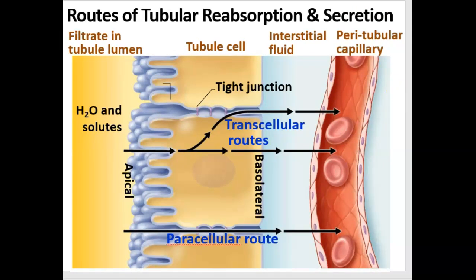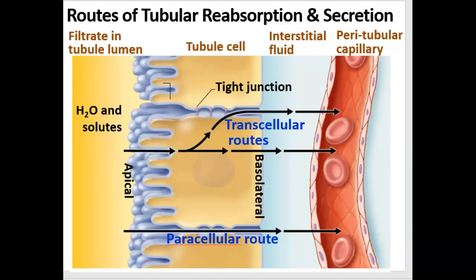There are various routes that substances use to get in or out of the nephron. Here I show two routes of tubular reabsorption. In particular, secretion basically would just happen in the opposite direction. So the tubule lumen is on your left. That's where the urine is being formed, and you'll see that there's water and solutes there.